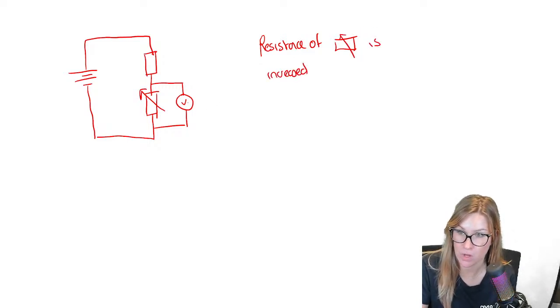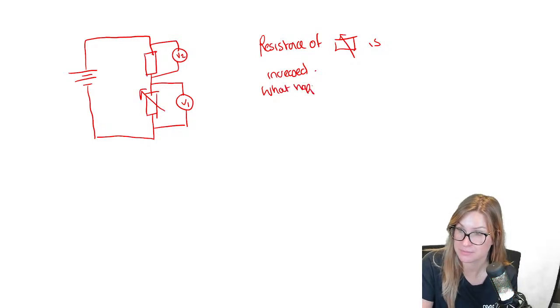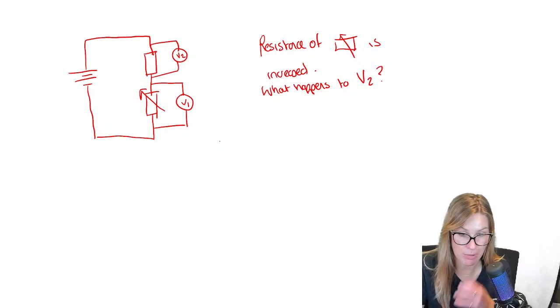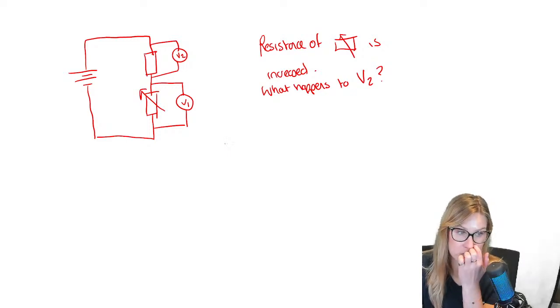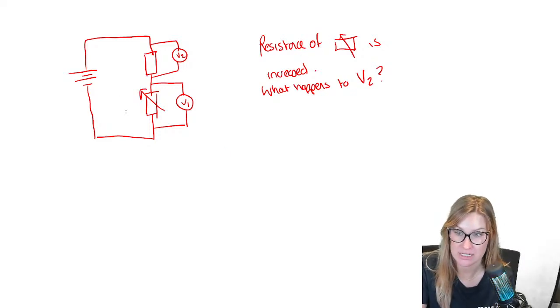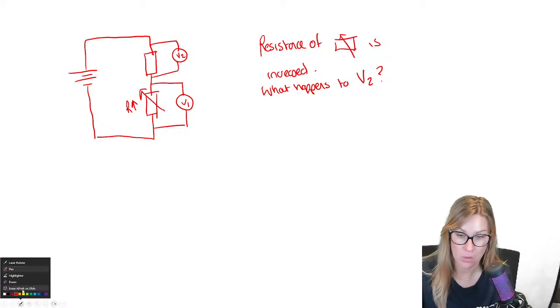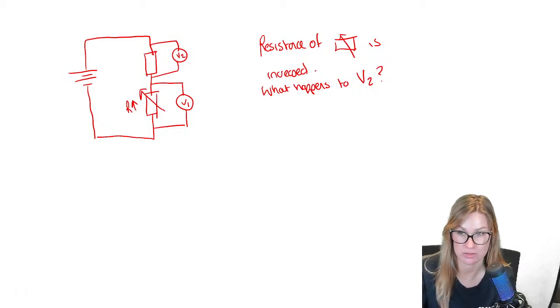Let's call this voltmeter 1, and let's call this voltmeter 2. What happens to voltmeter 2? Pop in the chat if you can get that one. So I'm increasing the resistance of the variable resistor. What's going to happen to my reading on voltmeter 2? Let's pop in the chat.